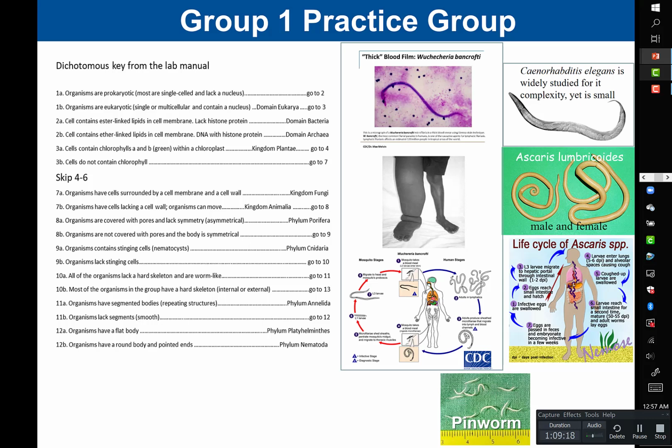The really gross thing about Ascaris to me is that when you ingest the eggs, they are going to make their way through the digestive tract. You're going to start to get these juvenile worms. The interesting thing about them is that the juvenile worms form in the intestine, but they actually burrow out of the intestinal tract into the peritoneal cavity, and they make their way to the lungs.